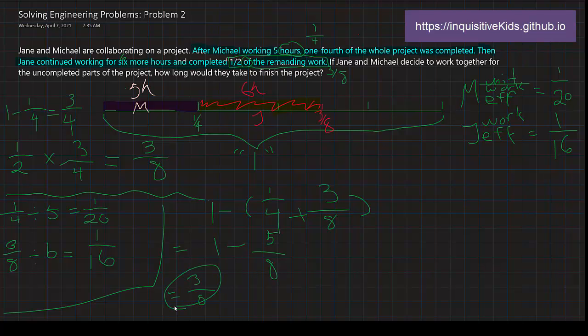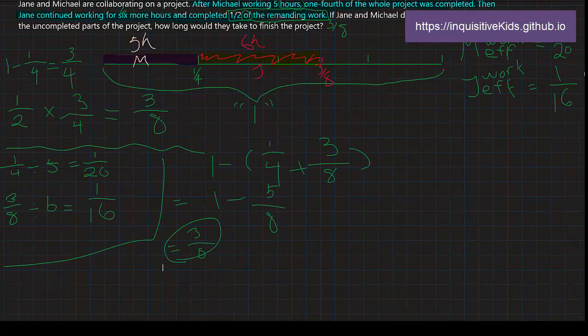So that's another 3/8. And we know their work efficiency. So now that we know their work efficiency and how much this part is, we can just divide 3/8 by the sum of these work efficiencies. Let's figure that out.